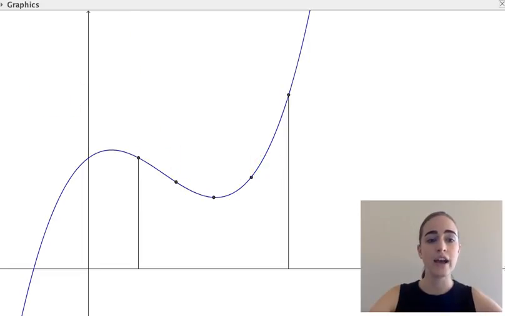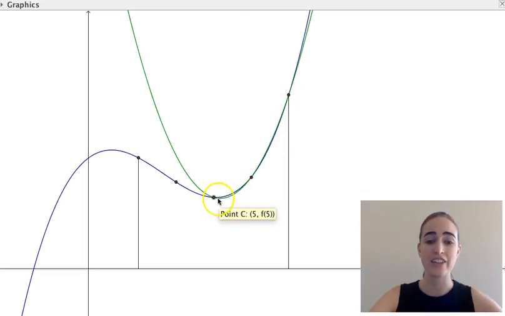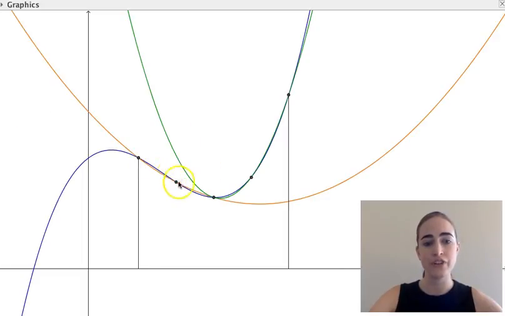So if we draw in our second parabola through those points, you can see that that's fairly accurately approximating that function. If we draw it in through our first 3 points, that's our orange line there. So between these two values, that's a fairly close approximation to that blue curve as well. So the more applications you do, the more accurate you're going to be.